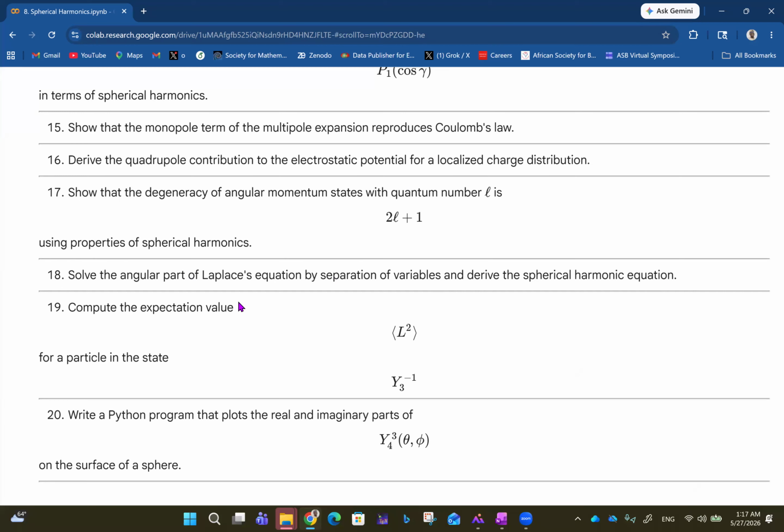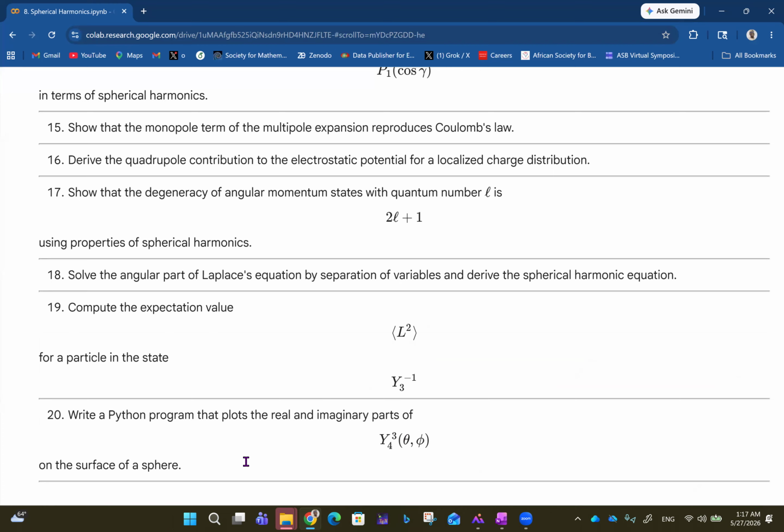Then compute the expectation value of L squared for a particle in the state Y_3,−1. And lastly, write a Python program that plots the real and imaginary parts of Y_43(θ, φ) on the surface of a sphere.